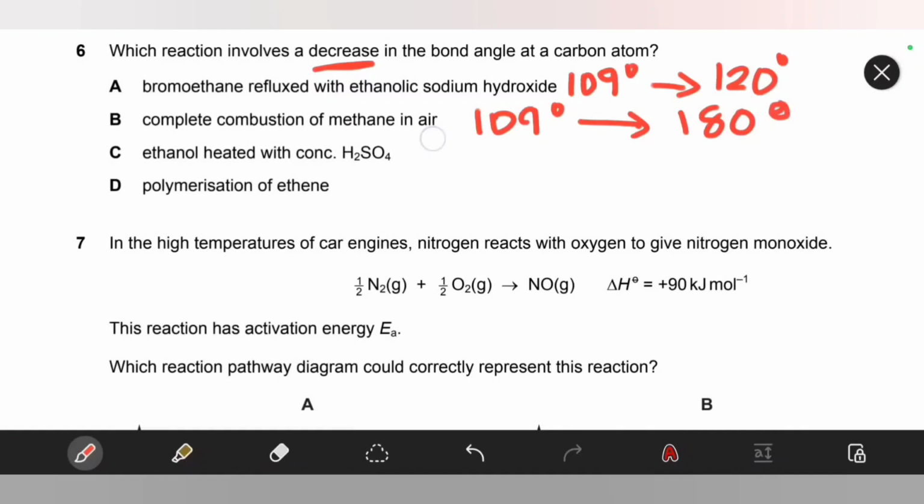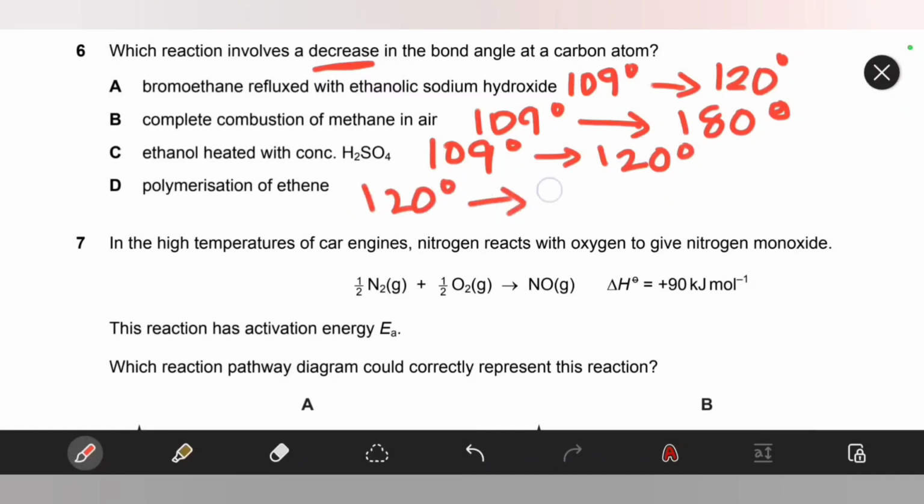In C, ethanol heated with concentrated H2SO4. Now this is also a bond angle increase from 109 degrees to 120 degrees because ethanol changes to ethene here, again same as A.